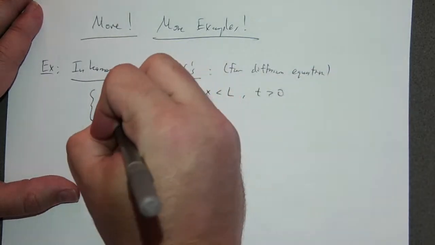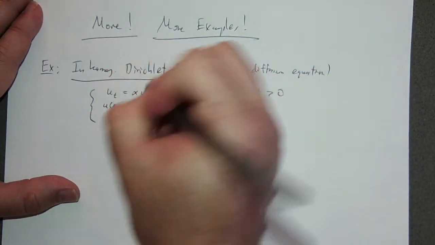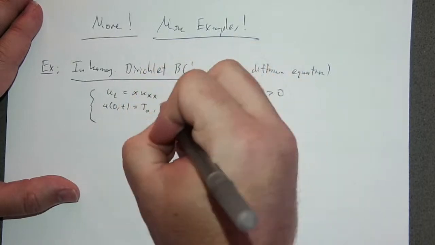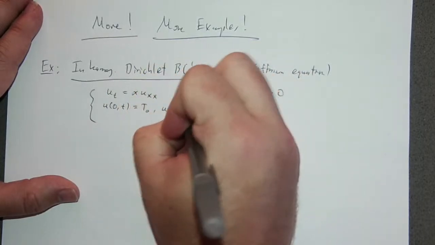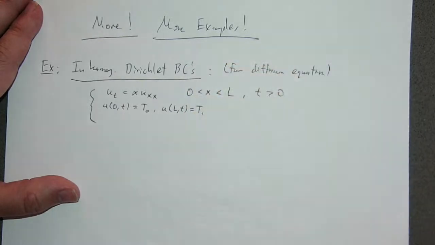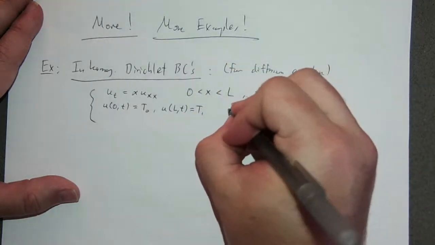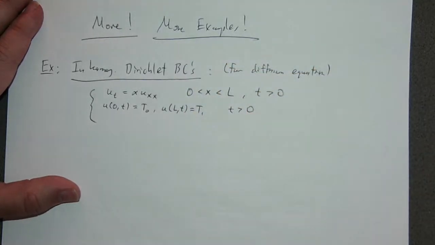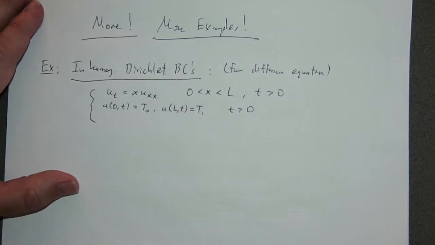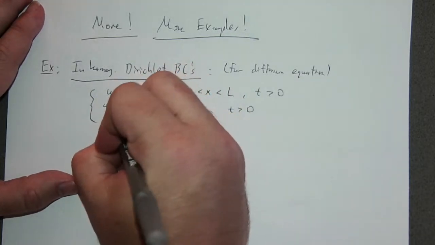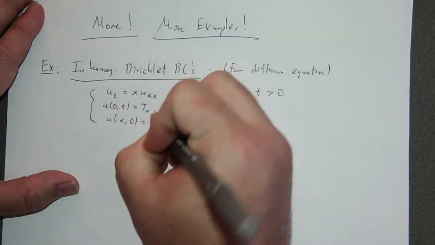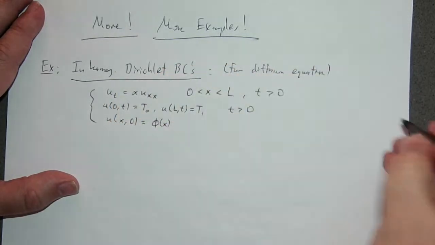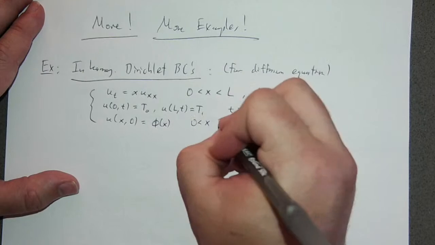So remember my physical interpretation of this, right? And this is for t greater than 0. So T naught and T1 don't have to be equal. They don't have to be 0. And we have some initial condition.